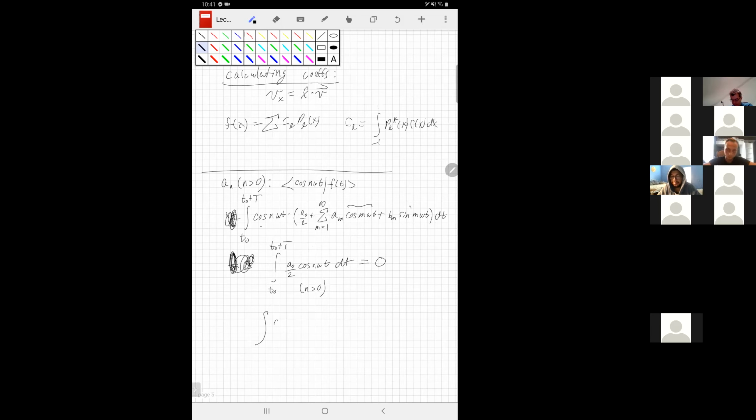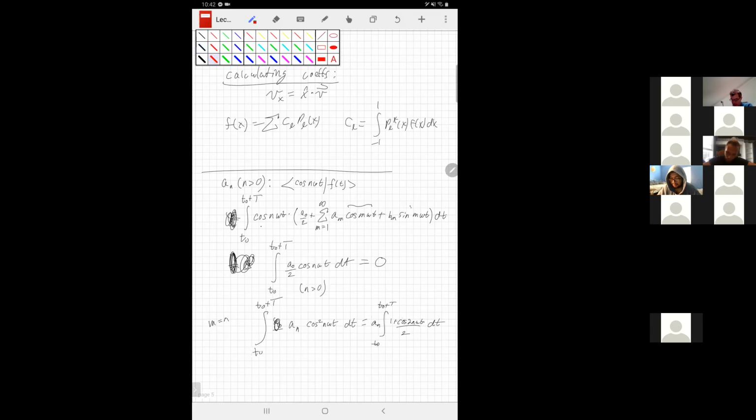Now let's consider m equals n. an cos squared n omega t from t naught to t naught plus the period, dt. We're going to use a trig identity. That's going to be the integral of 1 plus cosine of 2n omega t over 2 dt.